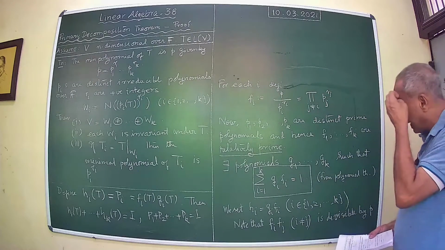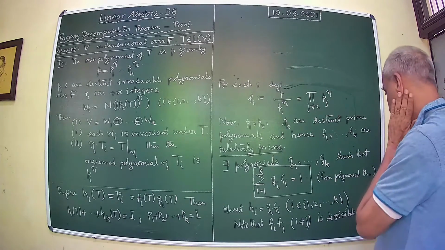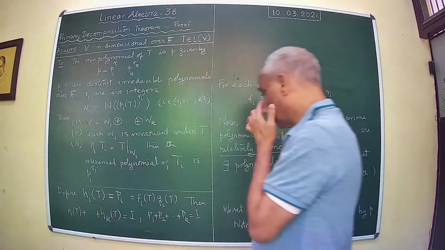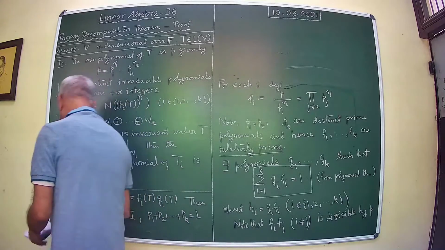What more, you have the property that fi fj is divisible by p. So you take hi hj.